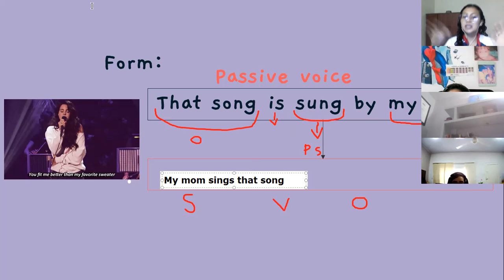Porque es que nosotros ya sabemos cómo pasar una frase activa a una pasiva, es súper sencillo, ¿cierto? Pero ahora pasar de una pasiva a una activa, ahí estaba el reto. Pero como pueden ver, no es muy complicado.